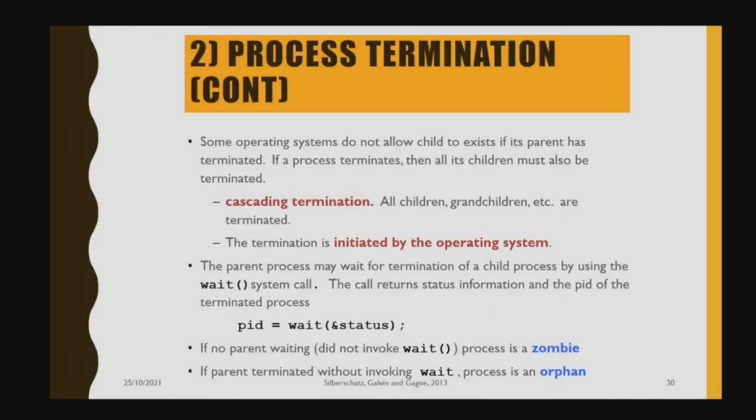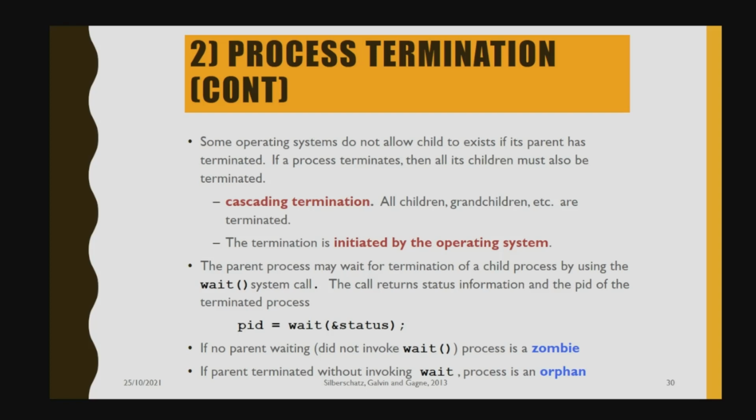Some operating systems do not allow children to exist if their parent has terminated. So if a process terminates, then all its children must also be terminated. This is cascading termination: all children, grandchildren, etc. are terminated.